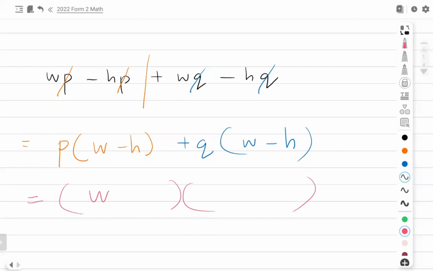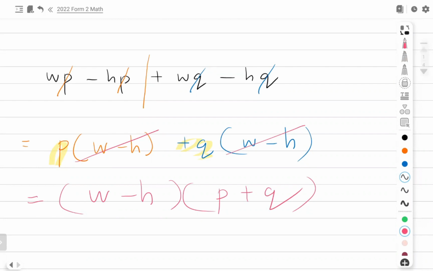Okay, the first one is W minus H. The second one? W minus H, right already. Then what's the balance? The balance from left to right, when we read from left to right. P plus Q. Yep, correct. That's how we do the factorization.